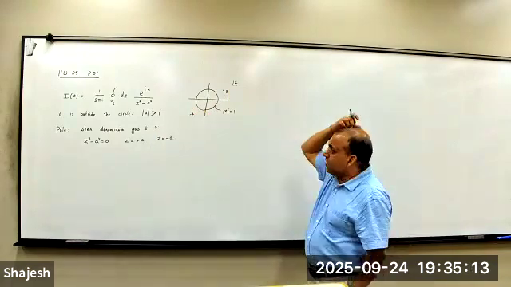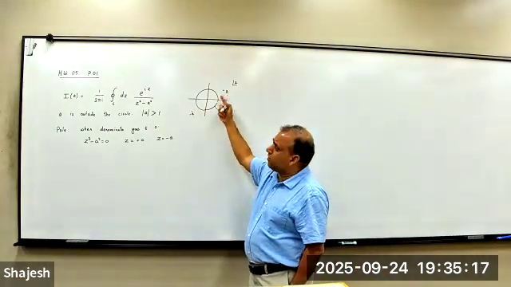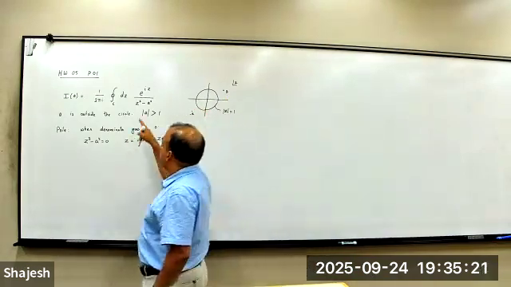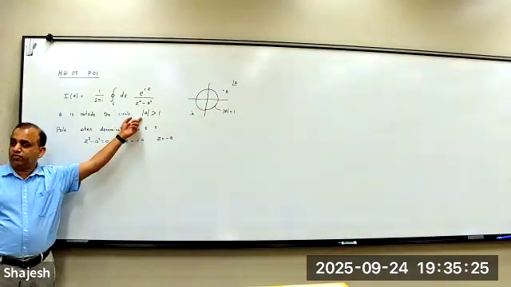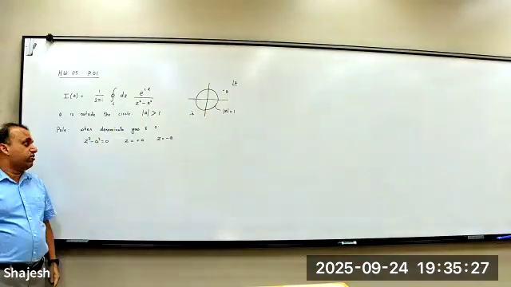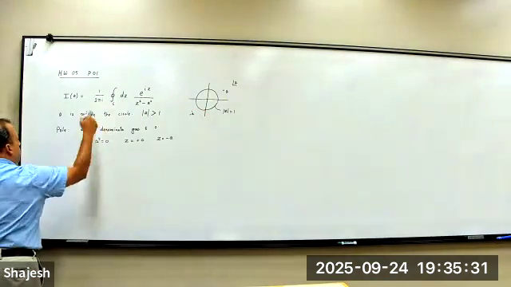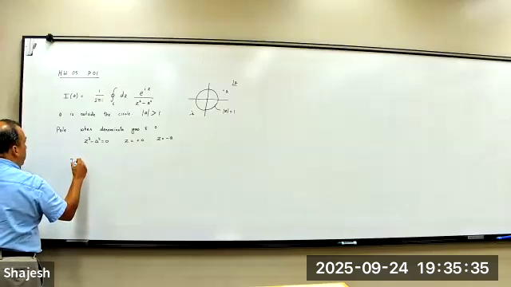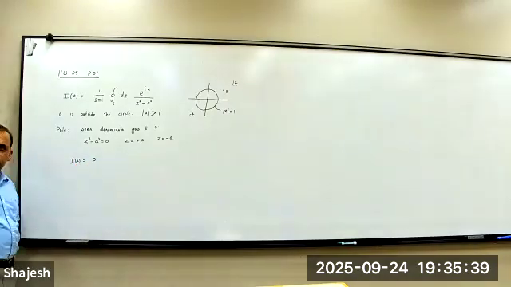If a is outside the circle, minus a is also outside the circle, so there are no poles. So if magnitude of a is greater than 1, there are no poles, and Cauchy's integral theorem tells us that I of a is equal to 0.